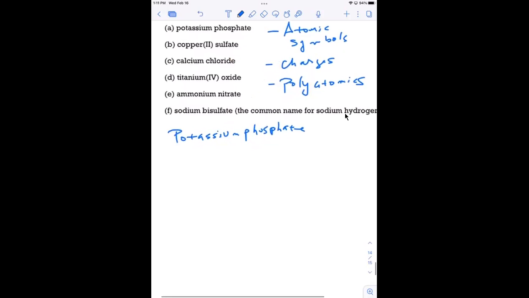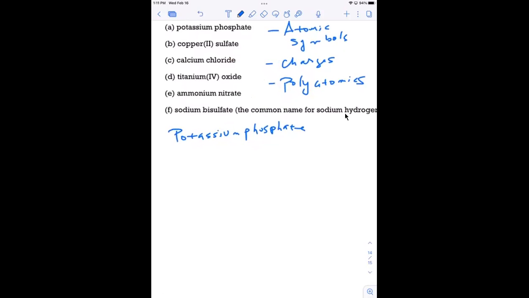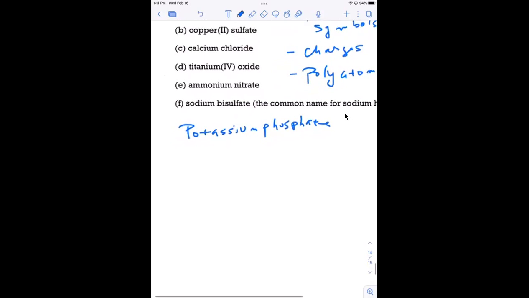So can somebody tell me what the symbol for potassium is, as well as the group number? Because with the group number, we can determine its charge. Anybody? So if you look at the periodic table, all the way to the left under sodium, you should see potassium.